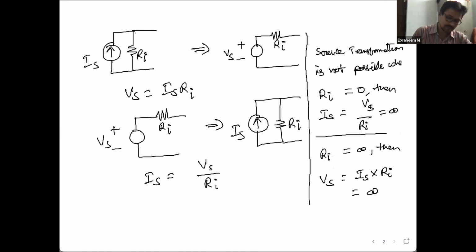So in these two cases, you cannot perform a source transformation. Case 1 and case 2. Is it clear?